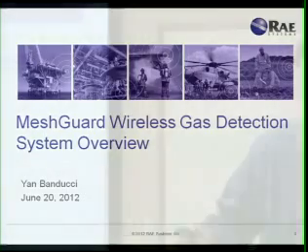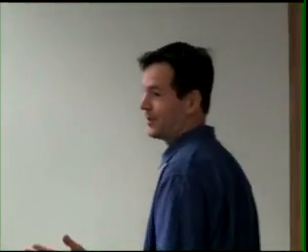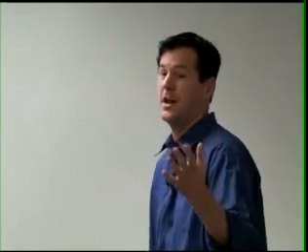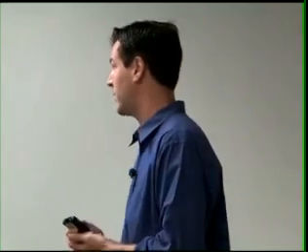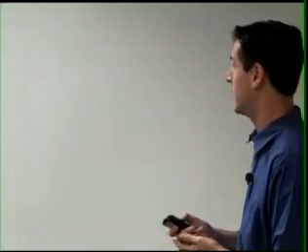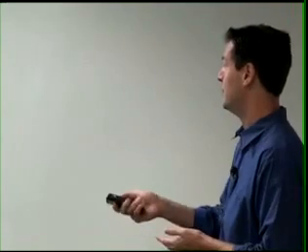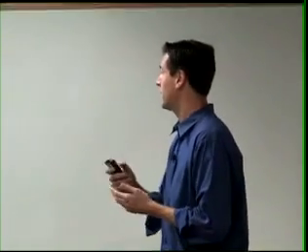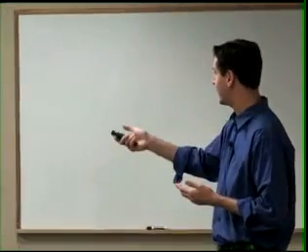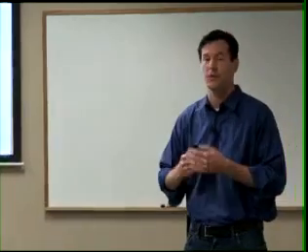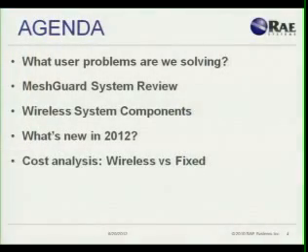All right, so today we're going to discuss the MeshGuard wireless gas detection system overview. Most of you folks in the room and most of the folks joining us online are already existing MeshGuard users. So on the agenda, we're going to go a little bit quicker and do a little bit of a review about the existing product lines.